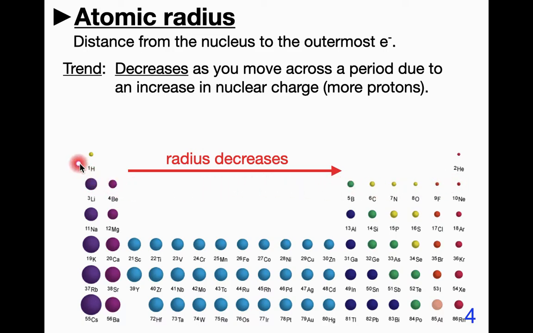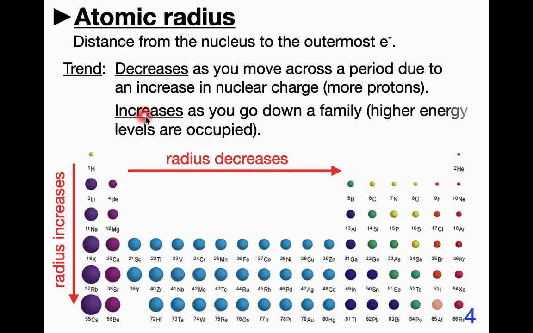Now, conversely, as we go down a family, the atoms get bigger and bigger. And why is that? Well, as we're going down, we're adding electrons to higher and higher energy levels, which are further and further from the nucleus. So atomic radius increases as you go down a family, as higher energy levels are occupied.